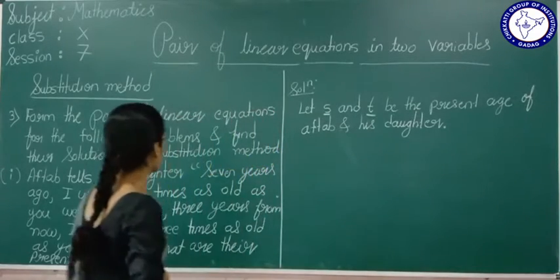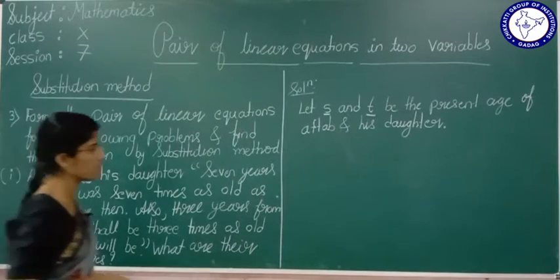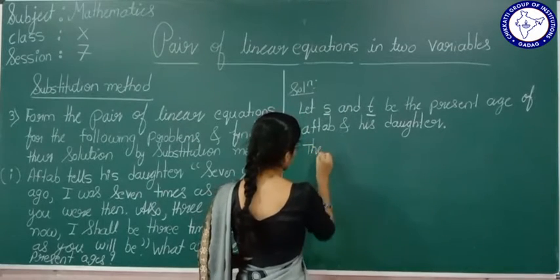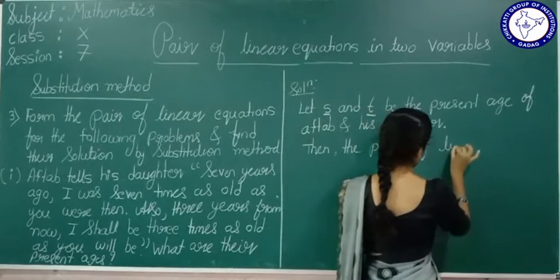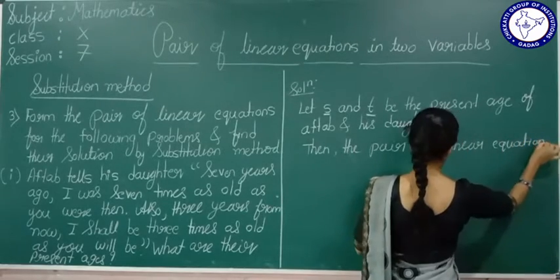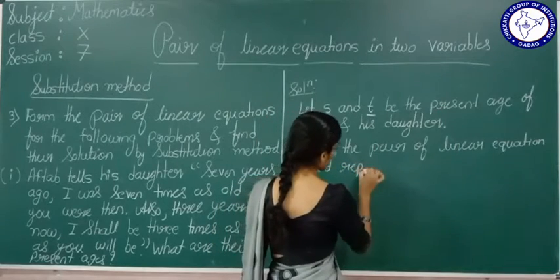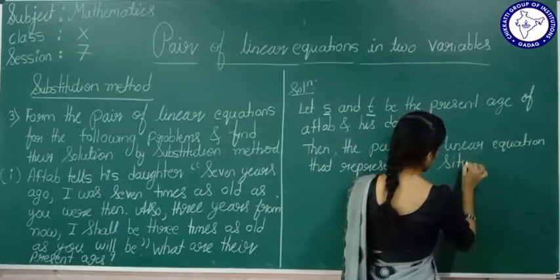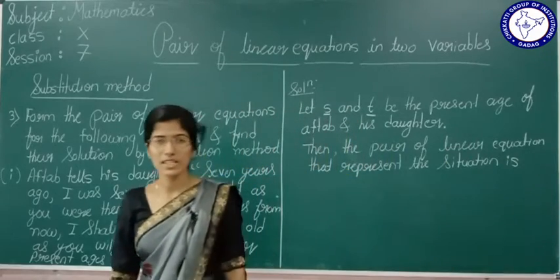Now see here, we have to form the pair of linear equations from here. Then the pair of linear equations that represent the situation is what we have to form here.